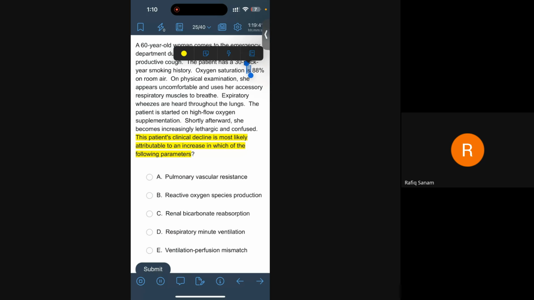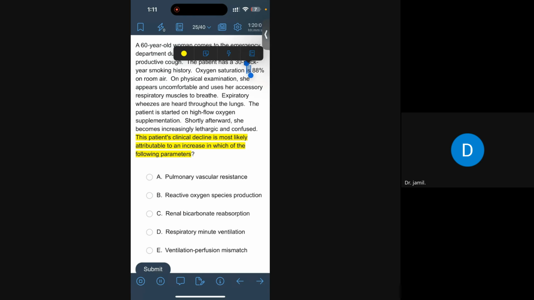When you give oxygen to a person, what will happen to the respiratory rate? Is it going to increase or decrease? Decrease. If the respiratory rate decreases, what will happen to the dissolved carbon dioxide? Hypercapnia.